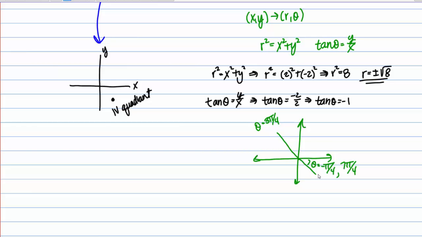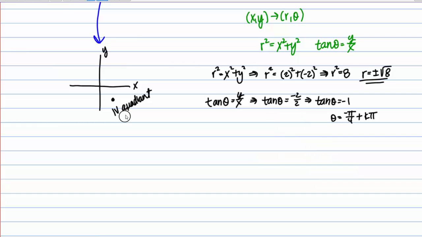So I'm just going to say here that this is true when theta equals -pi over 4 plus k pi. So -pi over 4, which is here, but then also any half rotation around the unit circle is going to get us back to a point that also has a tangent of -1, and of course we can go infinitely many times around. So there are an infinite number of angles where the tangent is -1.